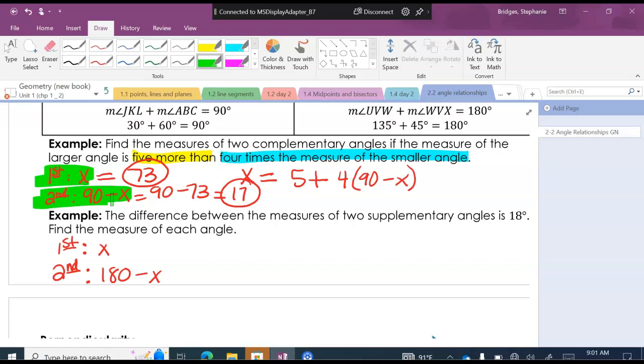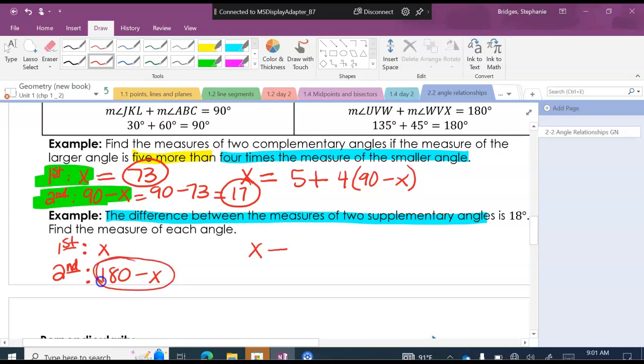Everybody good? Sure, okay. Let's read through our equation. It says the difference between the two supplementary angles. What does it mean when I say the difference between? What do we do? Subtract. So I'm going to take that first one, that x, minus my second angle. However, how many parts does that second angle have to it that I'm circling right now? 2.